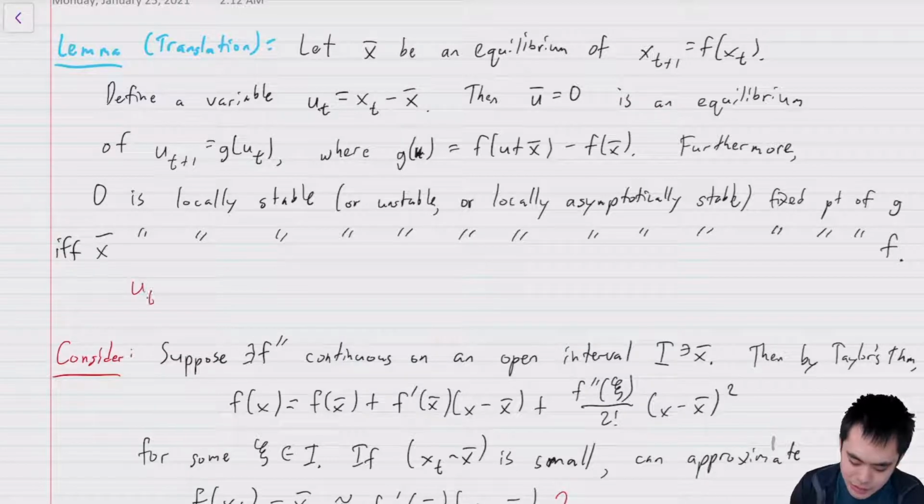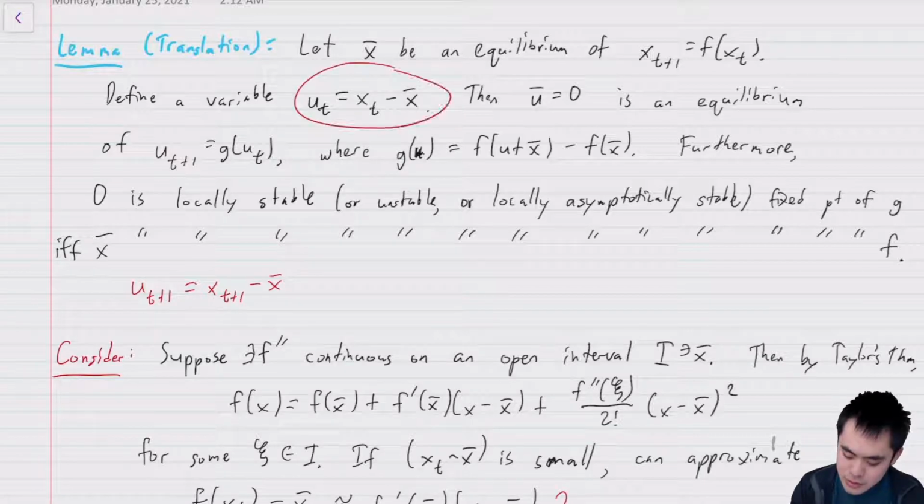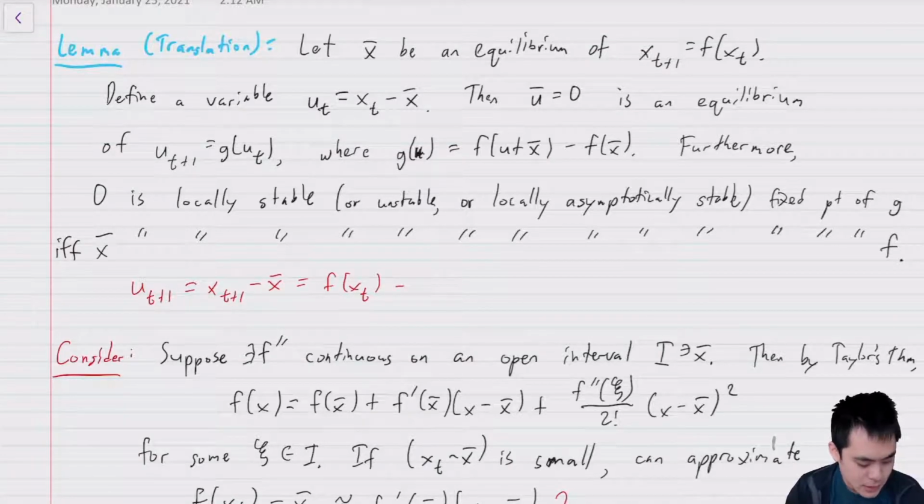So we have u sub t plus 1 is equal to x sub t plus 1 minus x bar. That's just using this definition here, which of course is equal to f of x sub t minus x bar, which is equal to f of u sub t plus x bar.